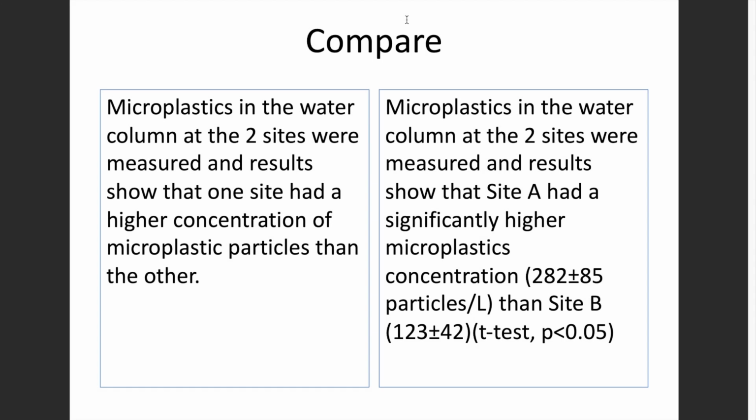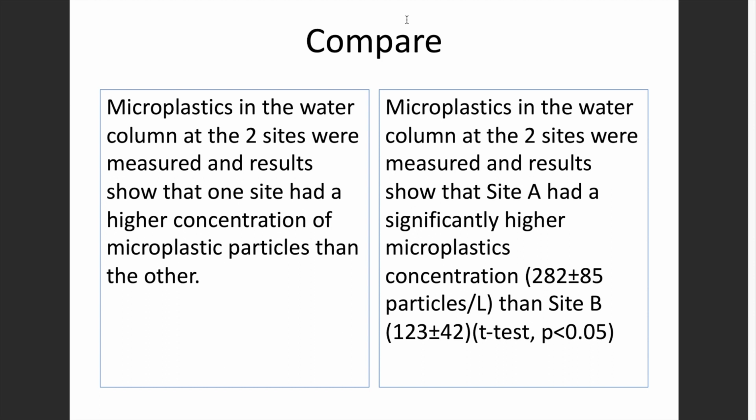Okay. Now, let's compare these two, okay? The first one says, the microplastic in the water column at two sites were measured, and the results show that one site had a higher concentration of microplastic particles than the other.